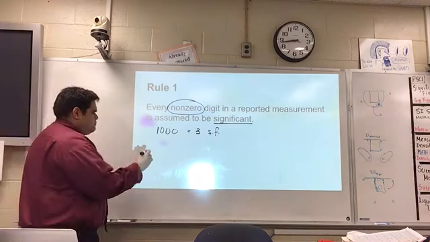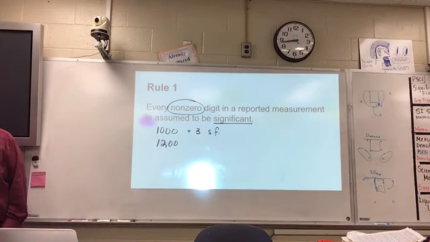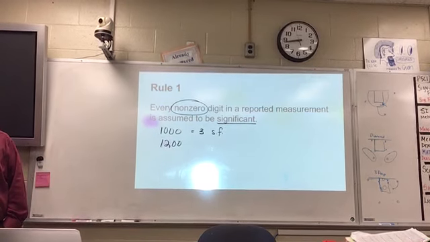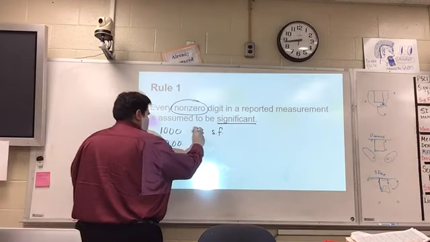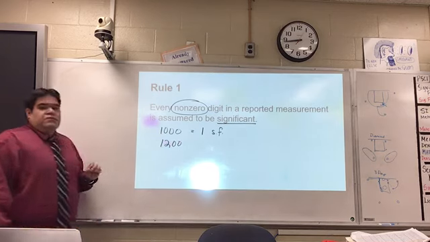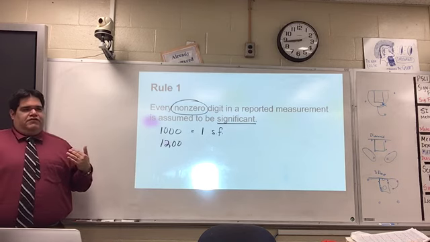All right, let's go to another one here. Let's go with that number right there. According to rule 1, Zyquez, how many significant figures does that number have? Sorry. That's a mistake. That should have been a 1. My apologies. However, I wish some of my people would have fixed me on that. I make mistakes. I never say I'm perfect.